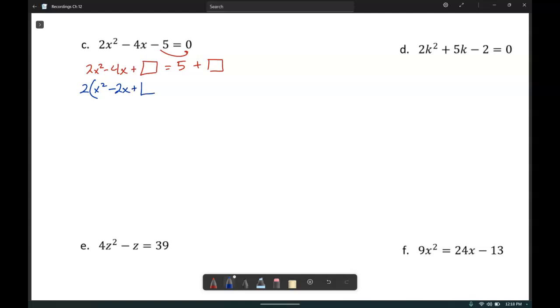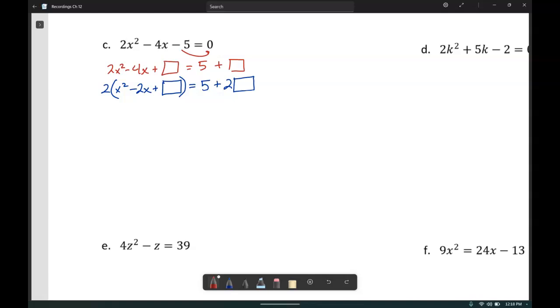Now, I can't see it, but I am factoring it out of this box, which means in order for my equation to stay balanced, I need to factor a 2 out of the other box, which means on the right-hand side, we're going to be multiplying by 2 because we factored out a 2. Now the process is pretty much the same. We identify our b value, which in this case is 2. Notice how our b value changed from here to here.